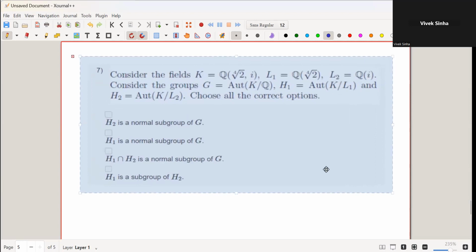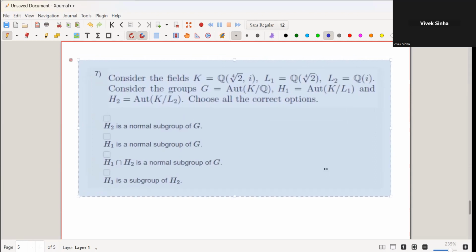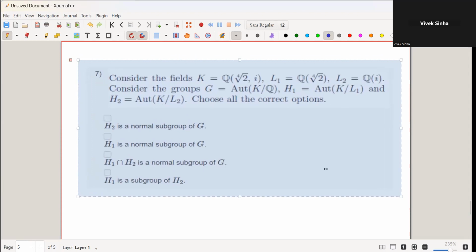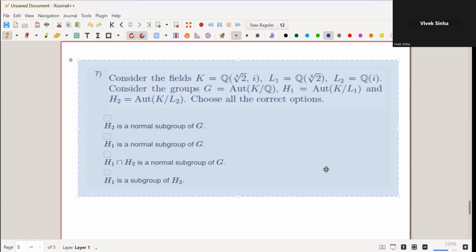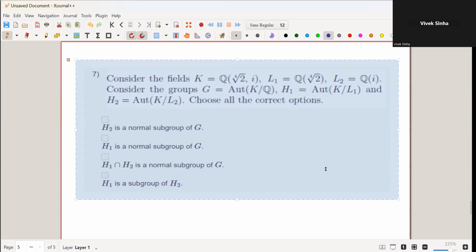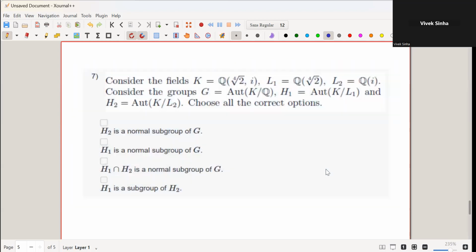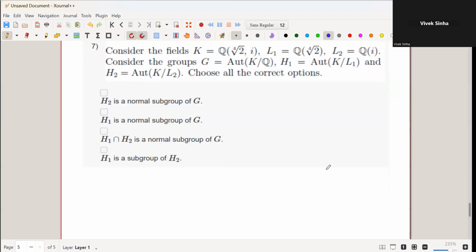So it says consider the fields K, that is Q adjoined with fourth root of 2 and iota. L1 is this, L2 is this. So let me just draw the correct diagrams so that you can have a better picture of the fields.